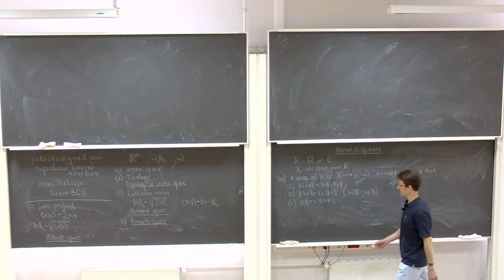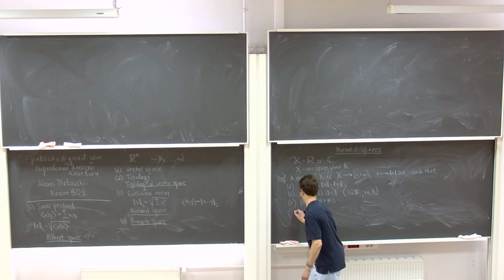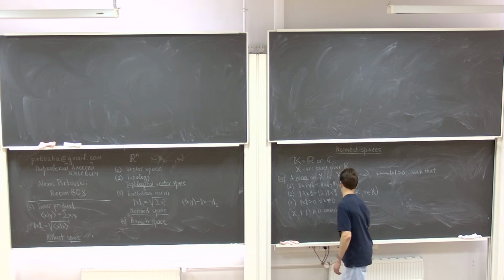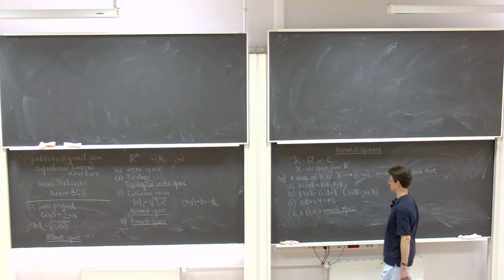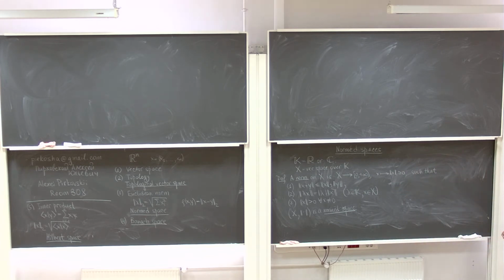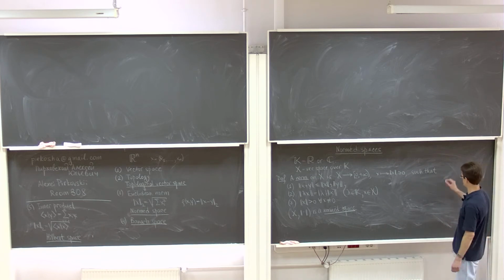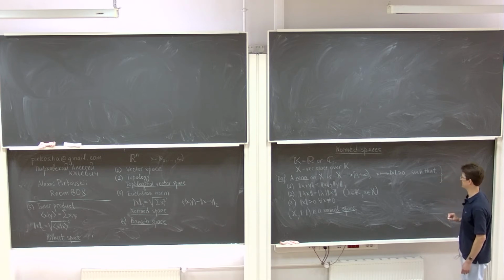And the vector space X equipped with a norm, or more exactly a pair consisting of a vector space and the norm on the space, is called a normed space. Sometimes we will meet functions which satisfy conditions 1 and 2, but which don't satisfy condition 3.